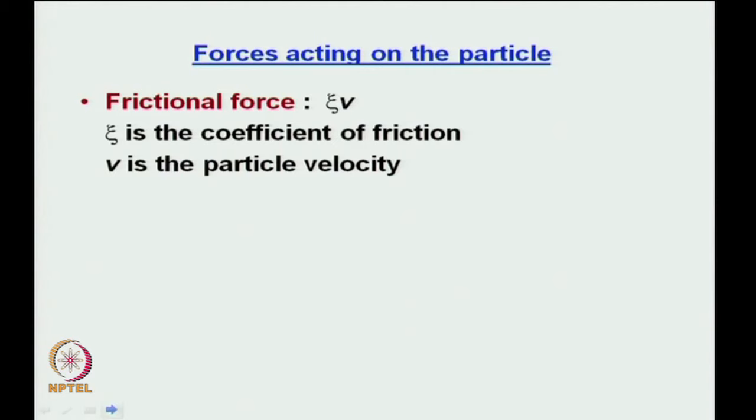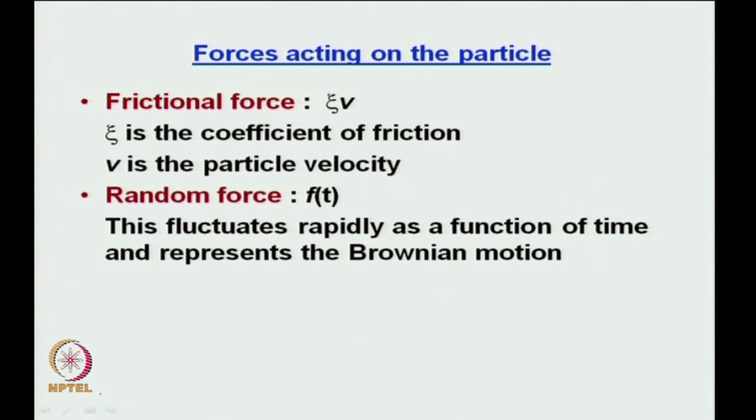That is one, and what is the other force we just talked about? The other force is a random force, f of t. It is a time dependent random force f of t, but remember it is fully random. It has no specific bias with regards to any direction. That means it can hit and try to move the molecule in any direction.